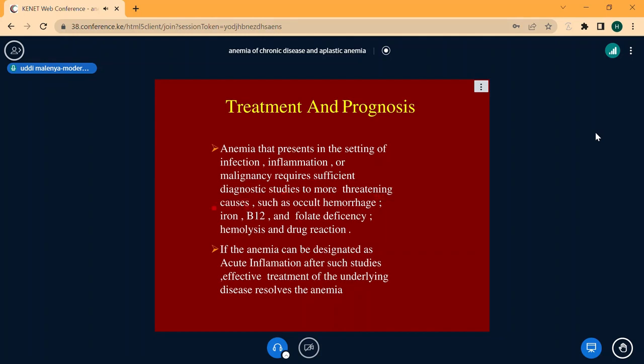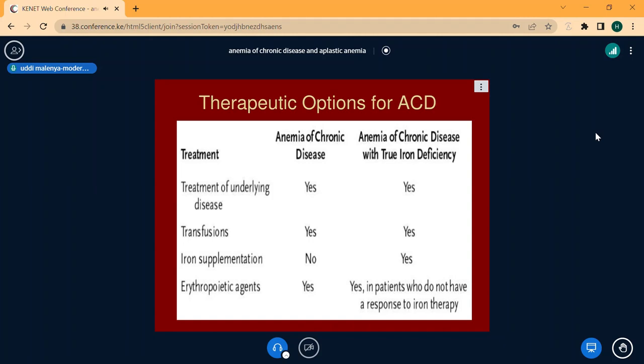You may need to do your iron and vitamin B12 serum studies or investigations, right? You may also need to find out if the patient has hemolysis or a drug reaction that is actually causing this anemia. Therefore, once you are able to identify the cause, then the underlying disease is treated.